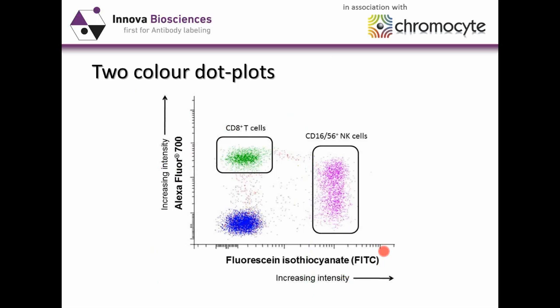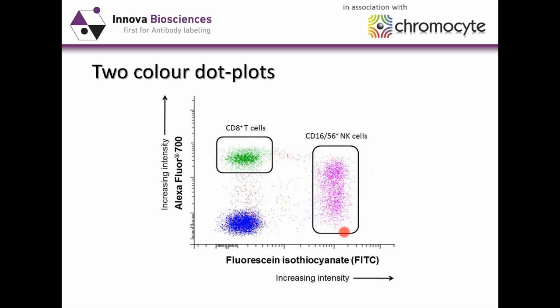Okay, so again, just coming back to the two colour dot plots, it's possible to measure the proportion of cells which are in these respective areas, and also how far along this axis they are, as a measure of fluorescent intensity.